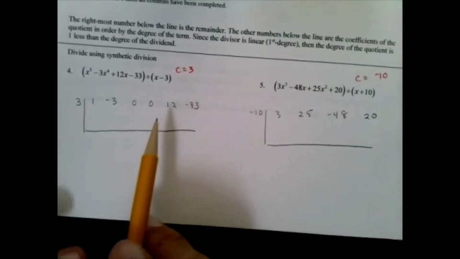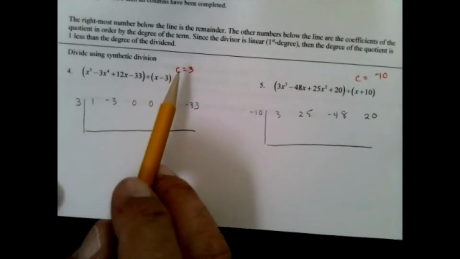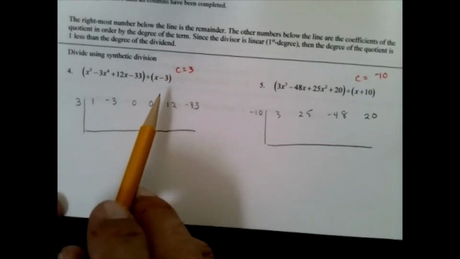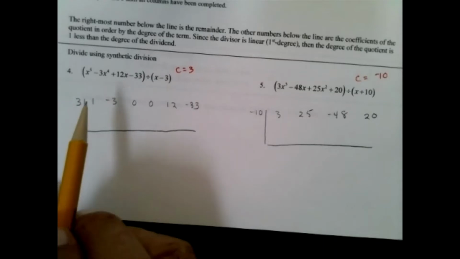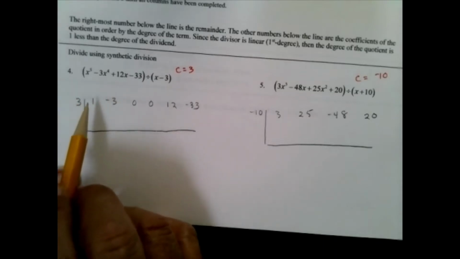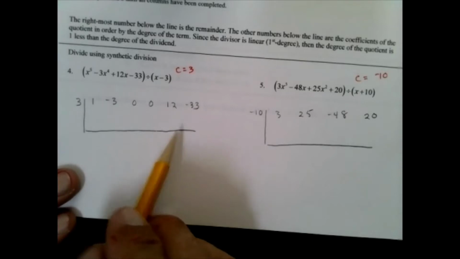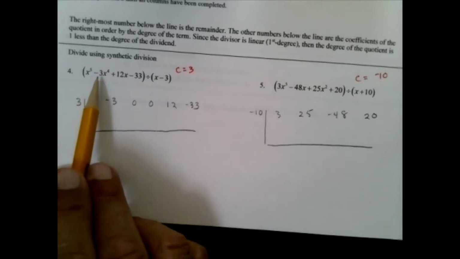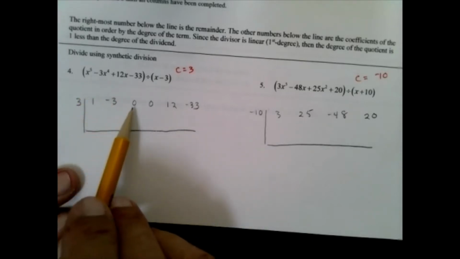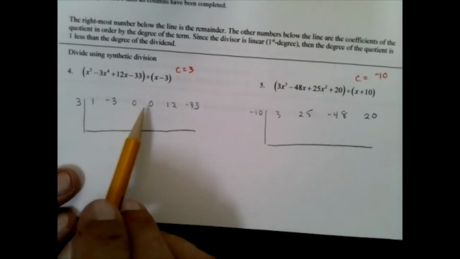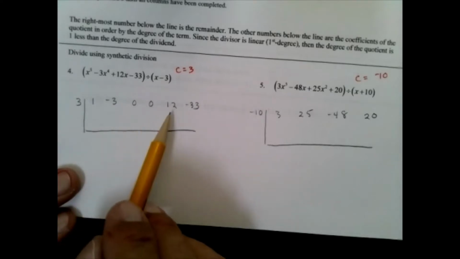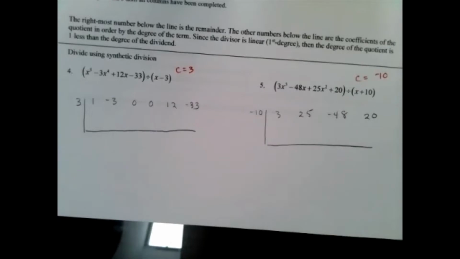Okay, so I'm laying the first one out. We already said the c is 3. My 3 gets written outside of the L. Coefficients 1, negative 3, 0 for x cubed, 0 for x squared, 12, and negative 33.